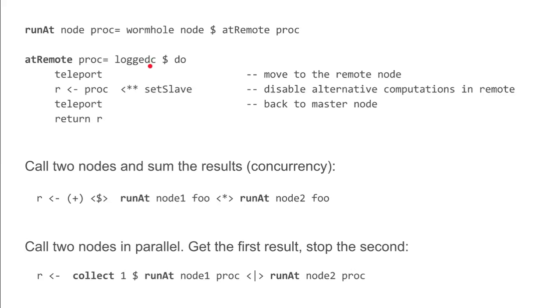And setSlave loggedc is the same as logged, but in the cloud monad. And because logged can be in cascade, the net effect is that the log is shorter. setSlave is here because teleport switches the master role to the remote node.